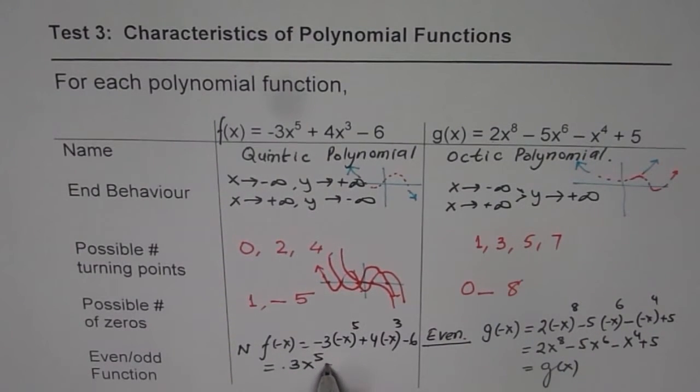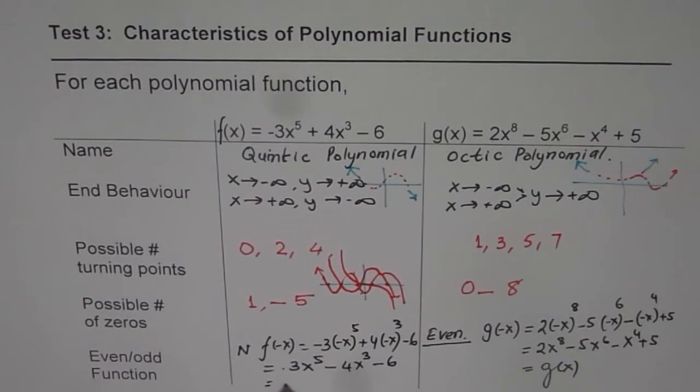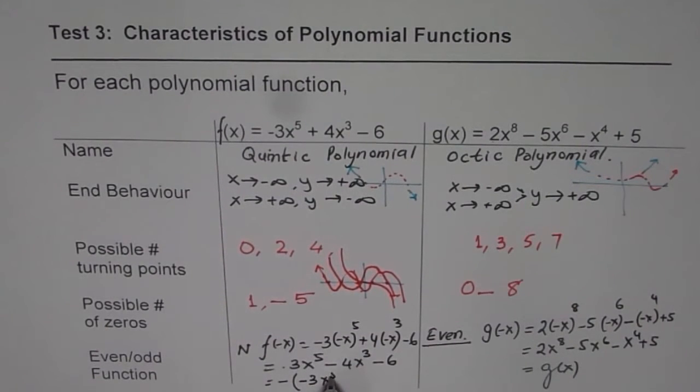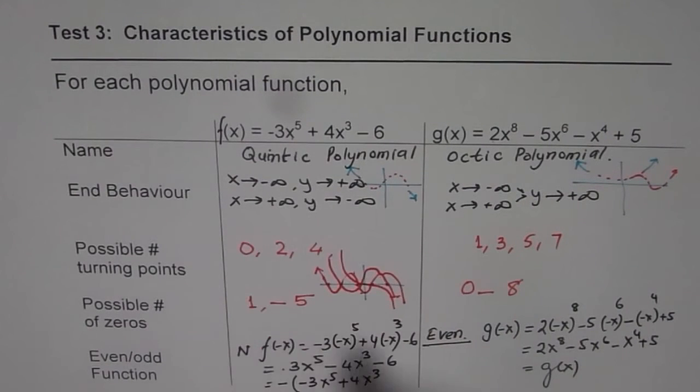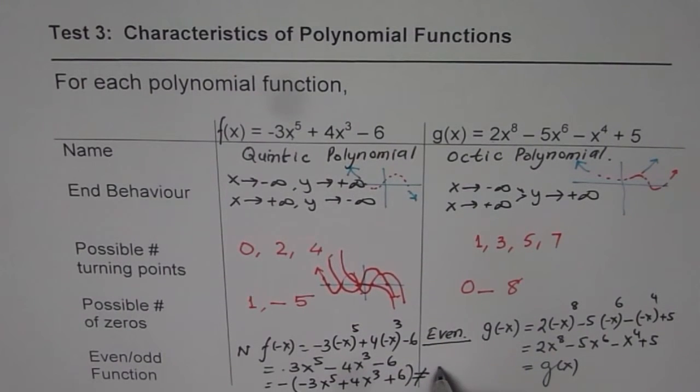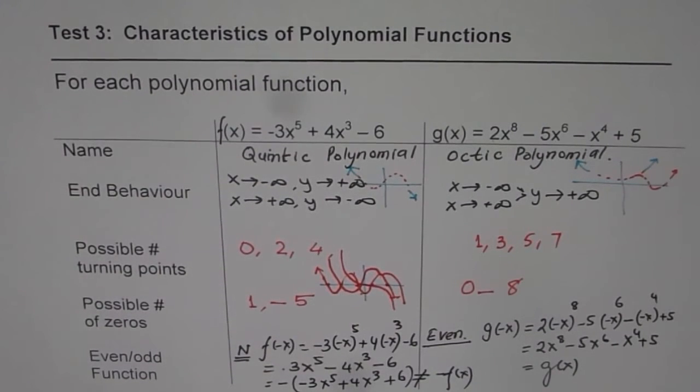This becomes negative 4x cubed, and here we get negative 6. Now, if I take negative outside, I get minus 3x to the power of 5 plus 4x cubed. These two terms are same. However, minus 6 becomes plus 6. Do you see? So it is not really equal to negative of f of x, and therefore it is neither.